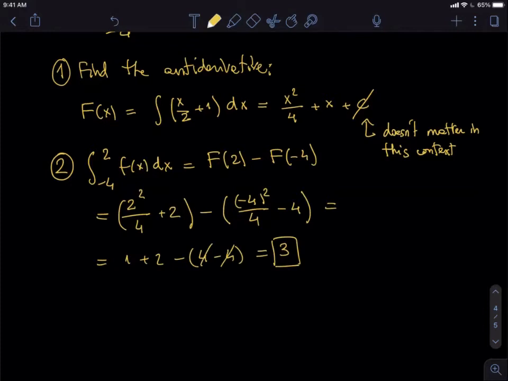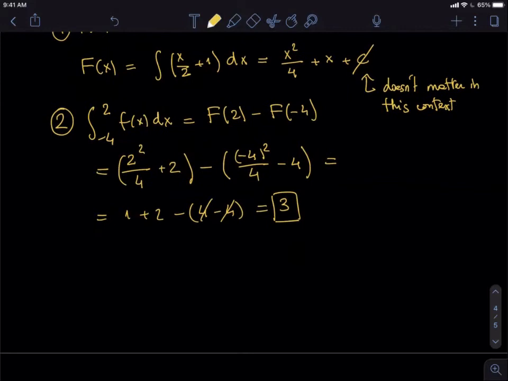Notice, this example in particular, x halves plus 1, is an example that we could have done using the definition as area. For instance, at 0, it crosses through 1. And at -2, x over 2 is -1 plus 1, 0.